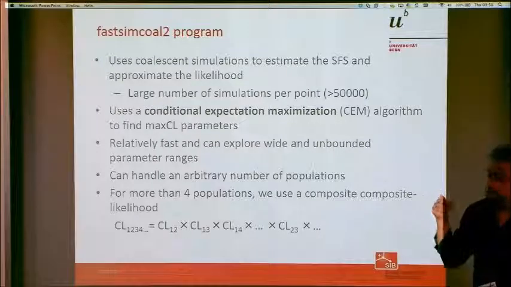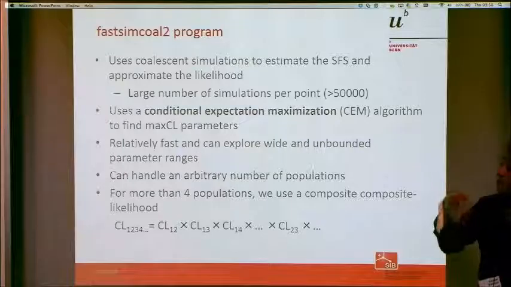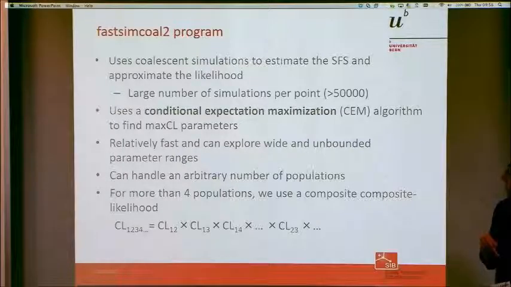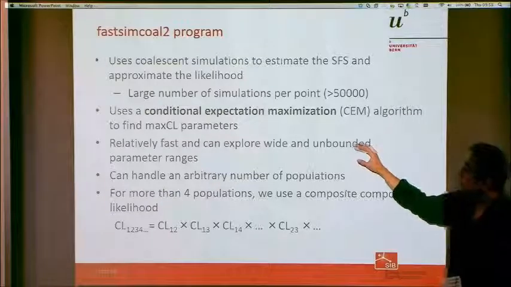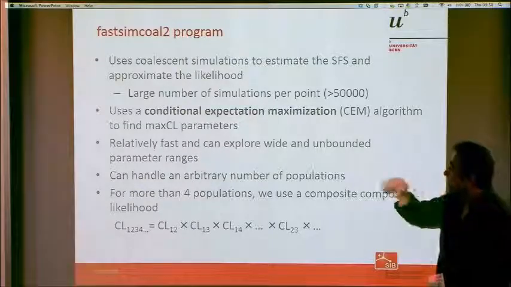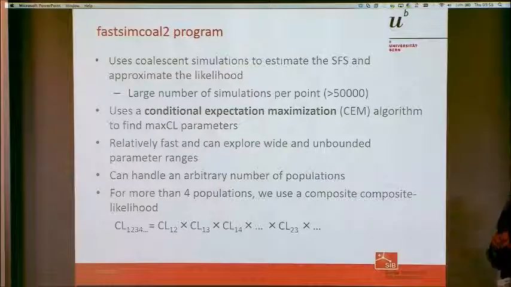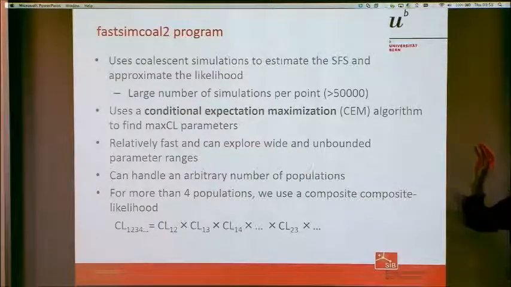when you have very large numbers of parameters, the problem is to actually optimize and get the optimal likelihood. For this, instead of having a procedure that tries to optimize all parameters at a time, we have a simple version called the conditional expectation maximization algorithm.